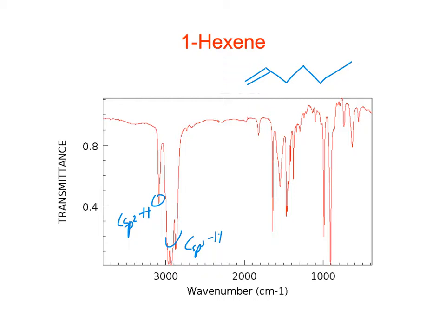So as we increase the s character of the orbital, the bond becomes stronger, and so we're essentially changing that F, that force constant, right? And so it gets shifted to a higher frequency.